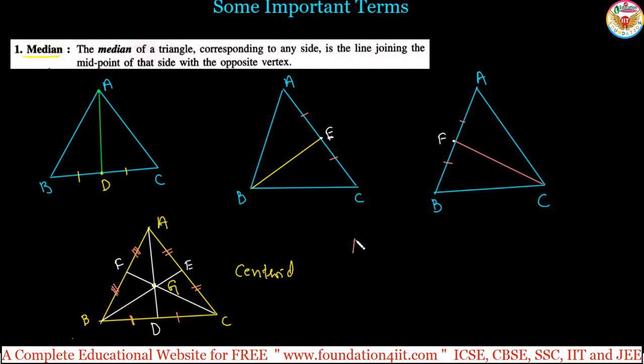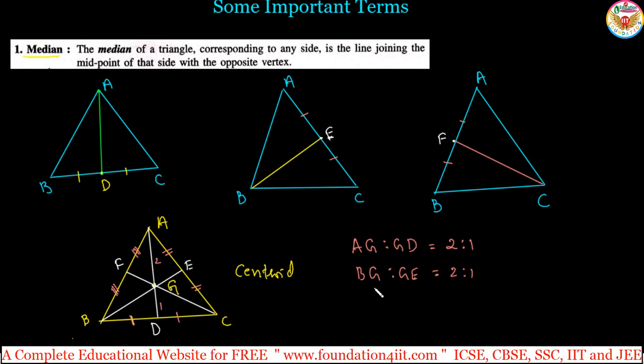Here we have the rule: AG to GD, that is, from A to the centroid and from the centroid to the opposite side, is in 2:1 ratio. In the same way, from vertex B, BG to GE is in 2:1 ratio. So if this is two parts, this is one part.